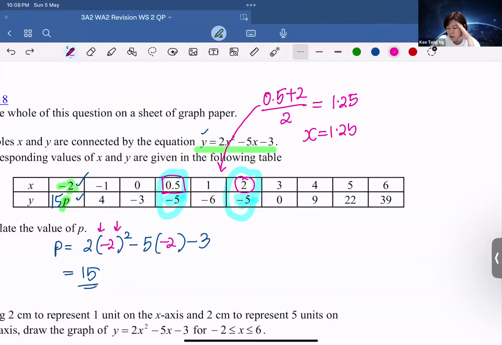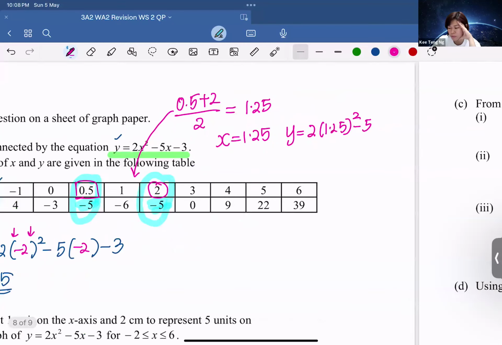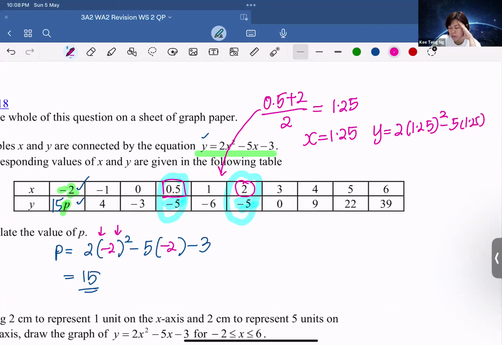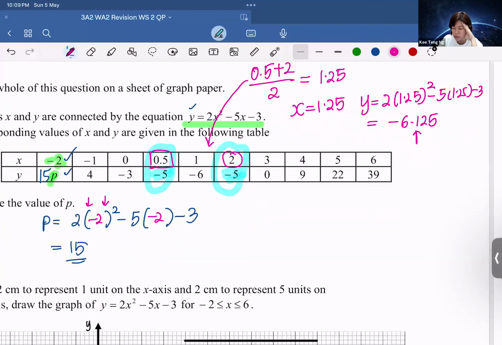So y equals 2 bracket 1.25 squared, minus 5 times 1.25, minus 3. Let me quietly calculate this number. And I got my answer, negative 6.125. That means my minimum point is around negative 6.1 or 6.2, but it's nearer to 6.1.